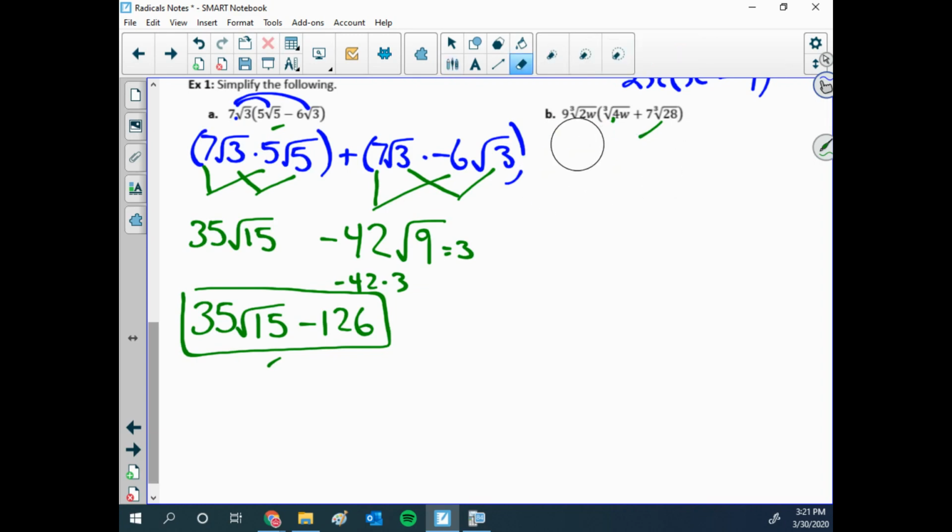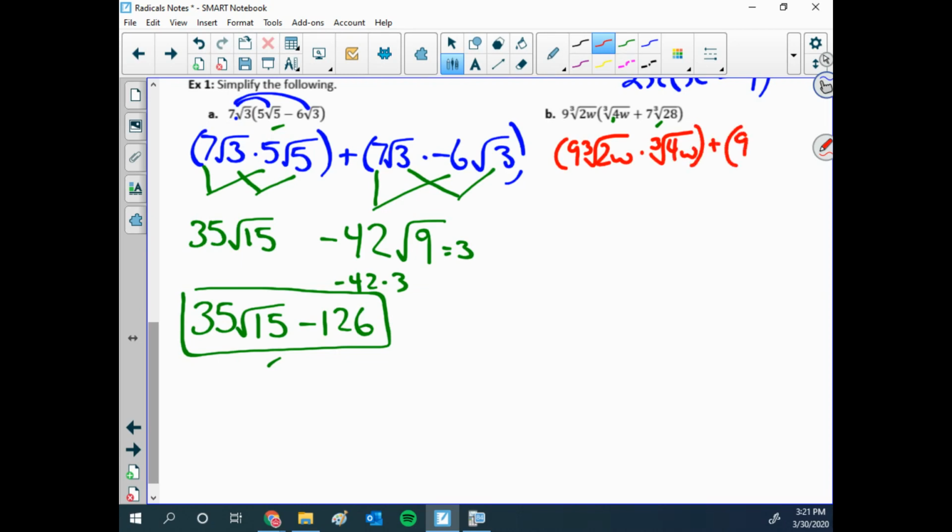Just in case you're not sure what happened there, right? I'm taking 9 cube root of 2w and timesing it by the cube root of 4w. And I'm taking 9 cube root of w and timesing it by 7 cube root of 28. So when I do that, multiply my coefficients together. So 9 times 1 is just 9.